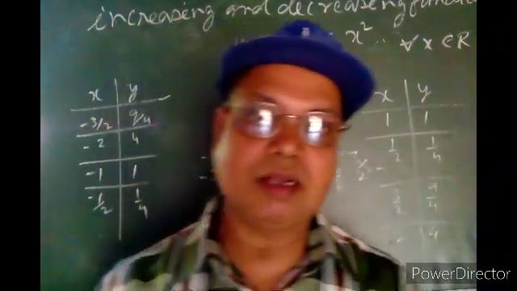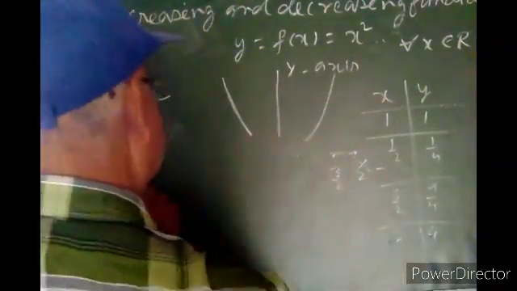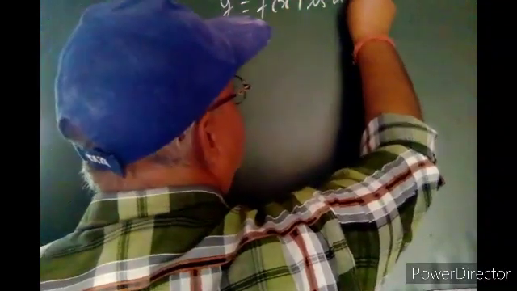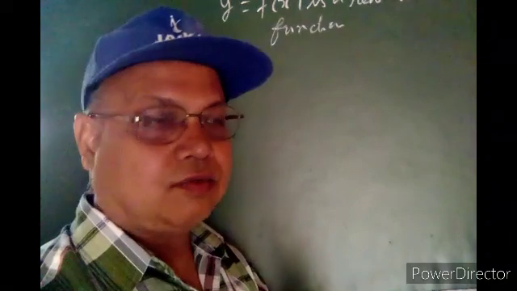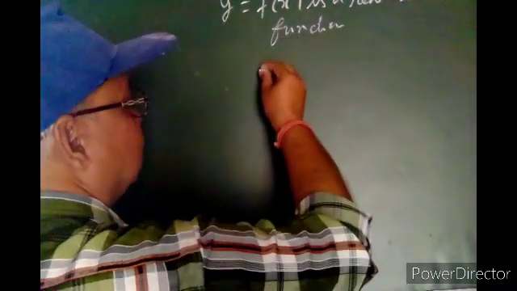Mathematically, we will define it as follows. Let us suppose y equal to f(x) is a real valued function, and this function is defined on the interval between x1 and x2.